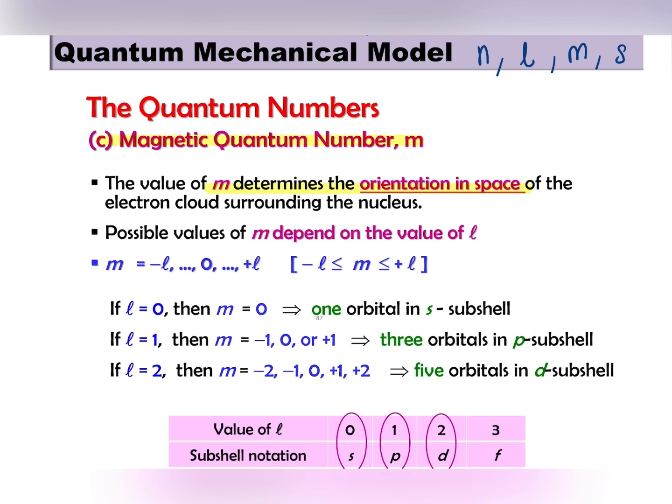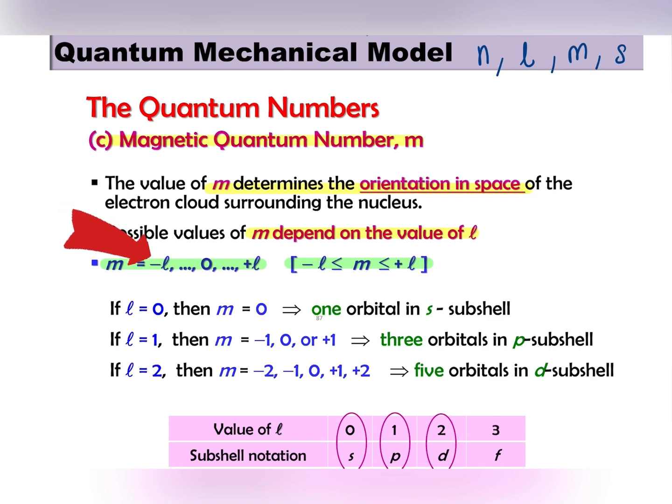The possible value of M will depends on the value of L. Macam tadi, value of L ditentukan oleh N. So, now, value of M ditentukan oleh this angular momentum quantum number. Okay, so macam mana dia punya relationship for value of M? It is from negative value of L, 0, positive L. So, it is in this range.